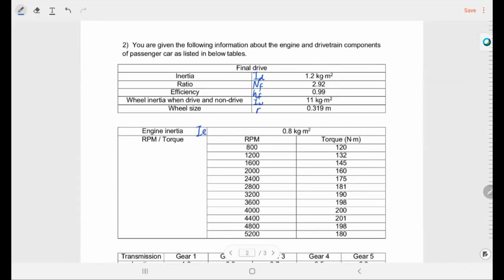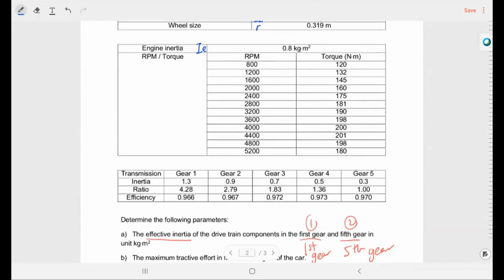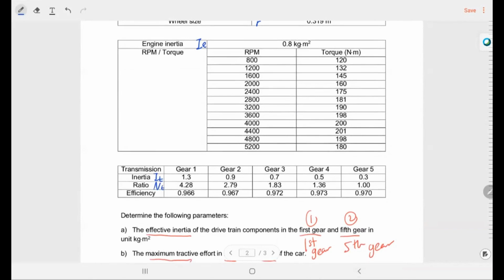And then inertia for transmission IT, its ratio NT, and its efficiency. You notice that each gear has its own inertia, ratio and efficiency value, so each gear's values are not the same.